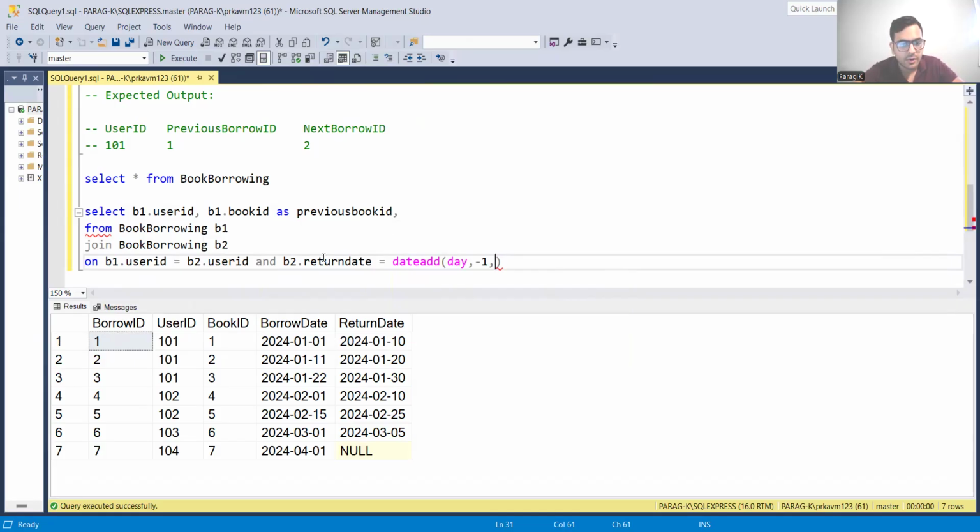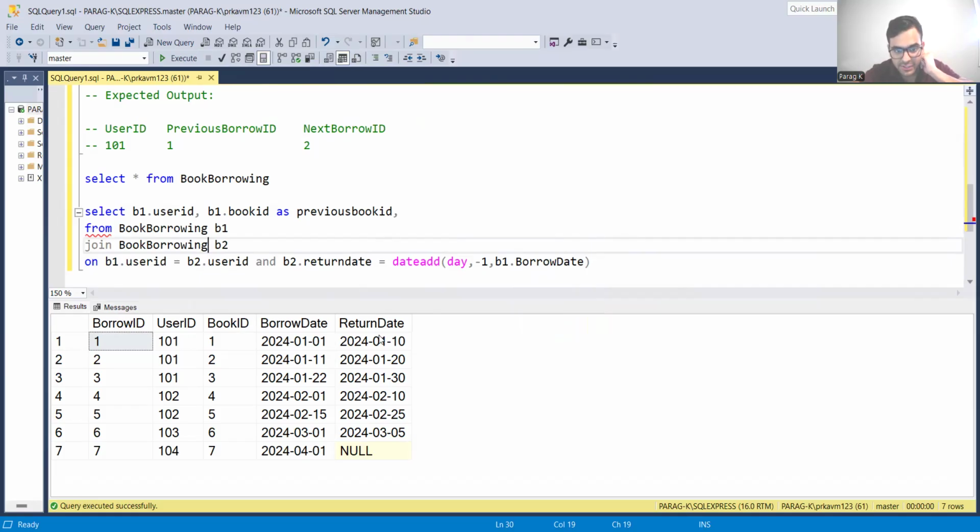Now, for example, I'll do b1.borrow date. Why am I doing this? What does this particular thing do? I'm saying that for table 2, which is the book borrowing B2, its return date should match, and I want you to join on the basis that this return date equals the borrow date minus one.